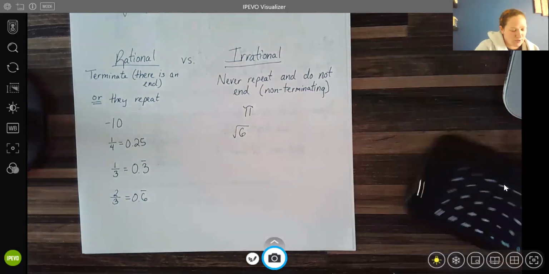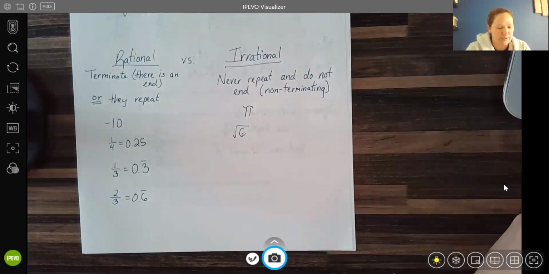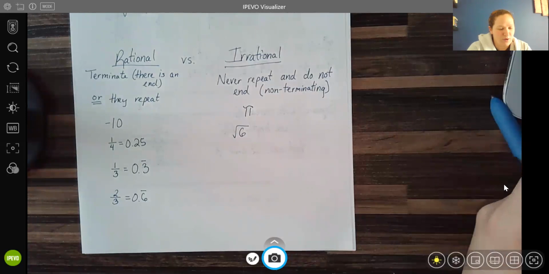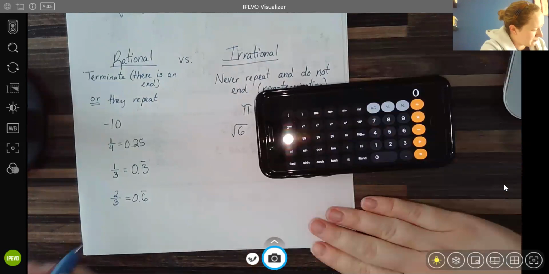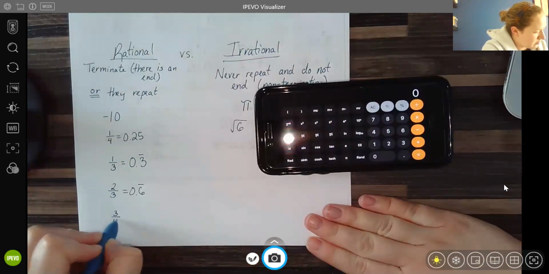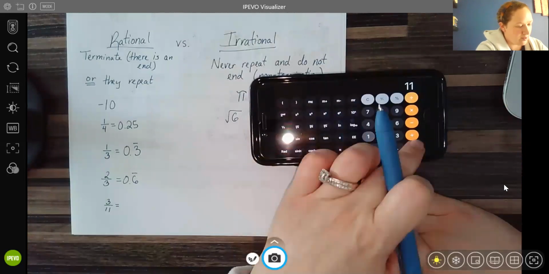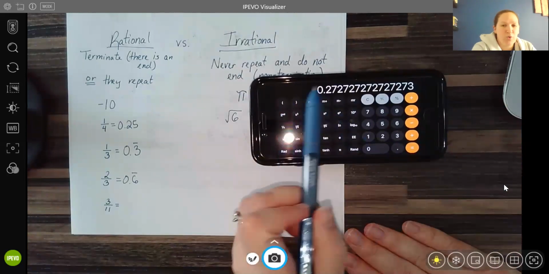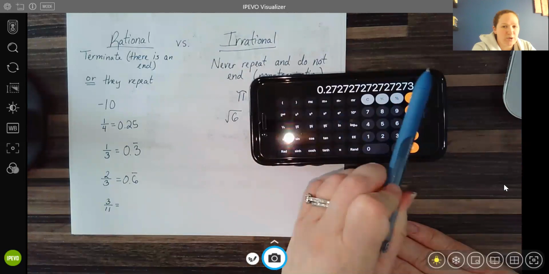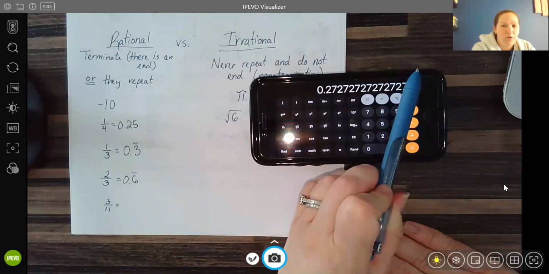Another one that might be tricky to see would be something like 2/11. Let's try that one. Or let's try 3/11. Anything over 11 would really work. 3 divided by 11. So again, my last number seems a little bit different, but otherwise there's this very distinct pattern.